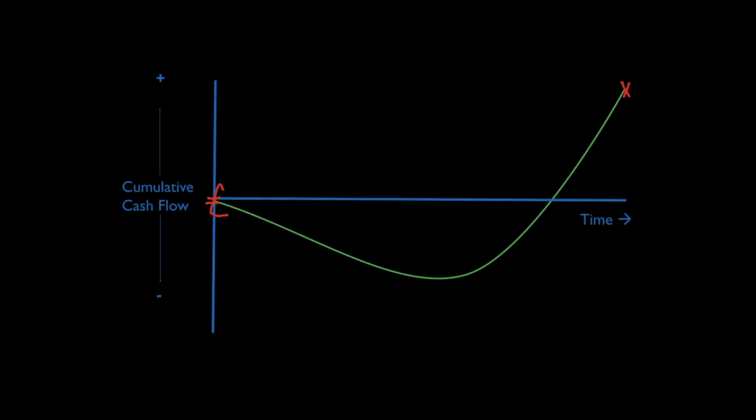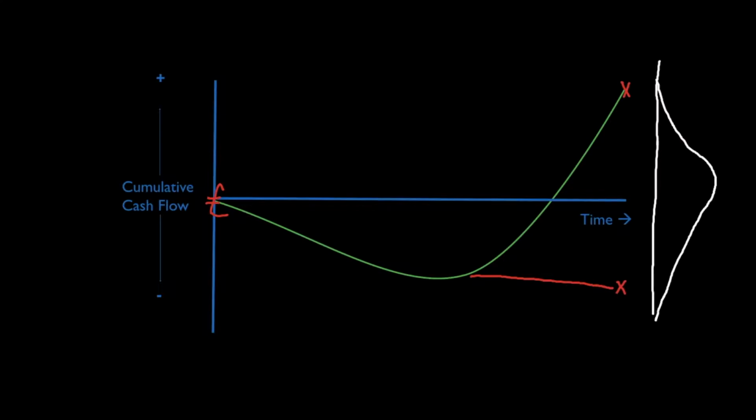However, because the environment is uncertain, we really don't know whether this is what's going to happen. And you could equally as well end up in a position where the project ends up losing money on a cumulative cash basis. Effectively, what's happening here is that we have a distribution of probabilities, and because we've adopted a big bet approach, we roll the dice and we end up where we end up. We have no control over where in this distribution we end up.